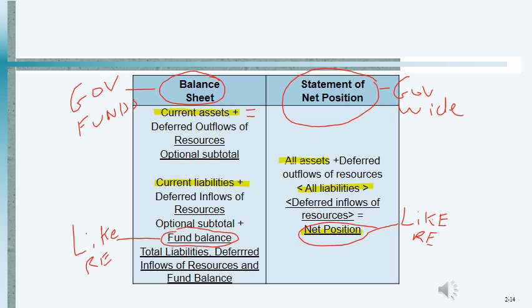We don't have stock in the government, so our equity is really down to our retained earnings. Now, if you notice, the approach that we take for our balance sheet presentation is what? Assets.